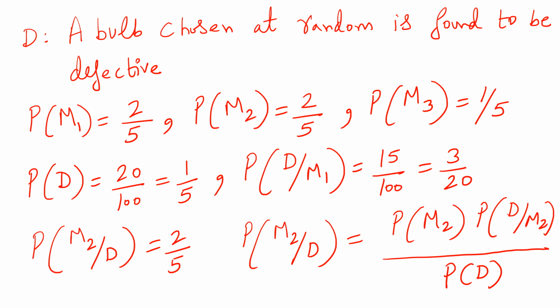Now there is no need to write the expanded form of P(D), just write probability of D, because we are given the values of probability of D and probability of M2 and probability of M2 by D. So from this equation, we can easily find the value of probability of D by M2. Now students, we move further.